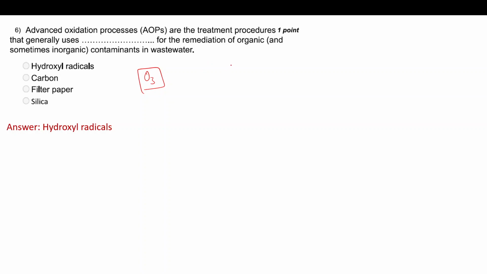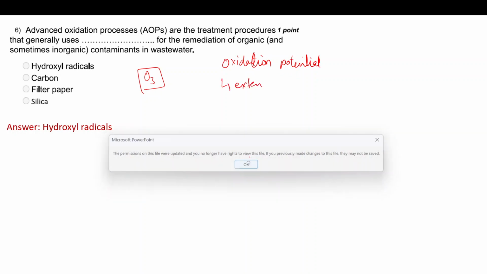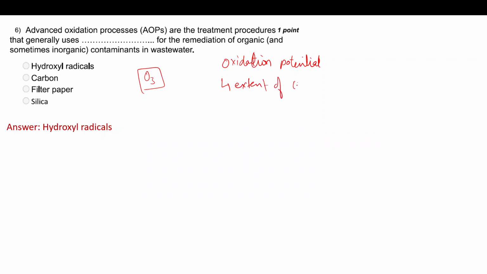Okay, so let me tell you, any oxidizing agent has some oxidation potential. This oxidation potential represents the extent of oxidation that can occur, or how easily it can oxidize.